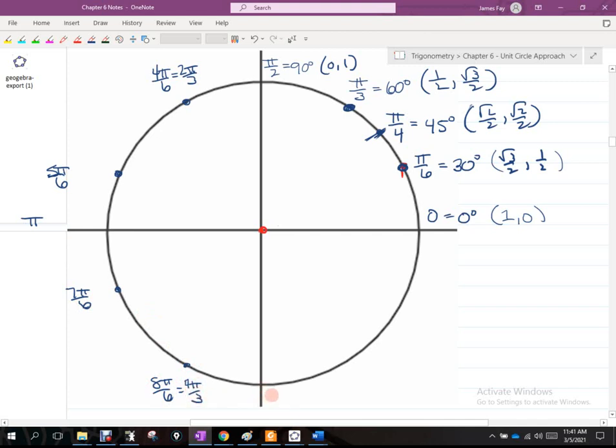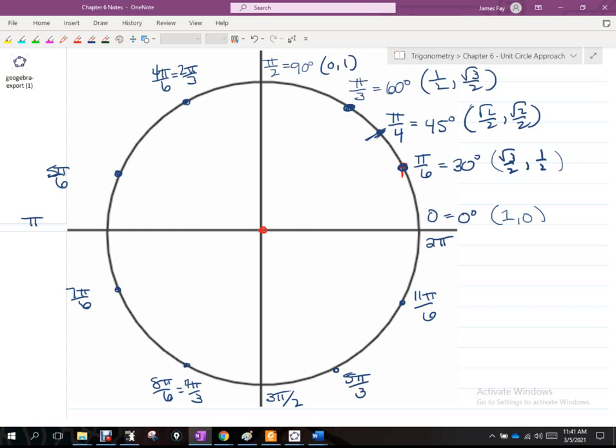This was 9 pi over 6, just 3 pi over 2, right? 10 pi over 6. 11 pi over 6. And then we get back up to 12 pi over 6, right? So that's pretty straightforward, counting from 0 to 2 pi by sixths.